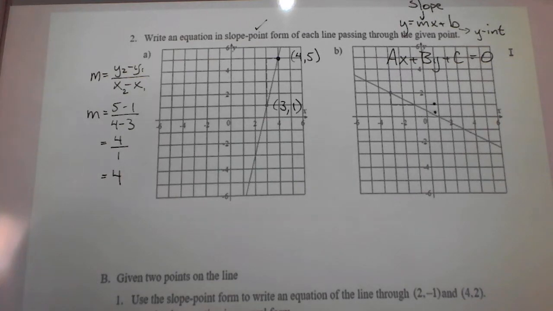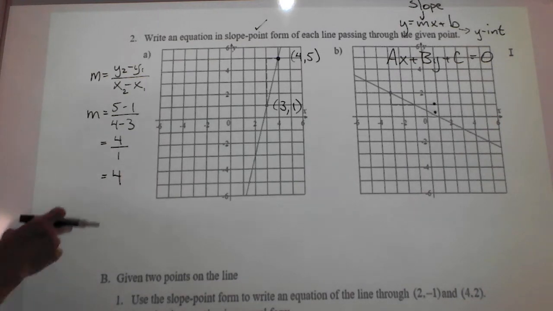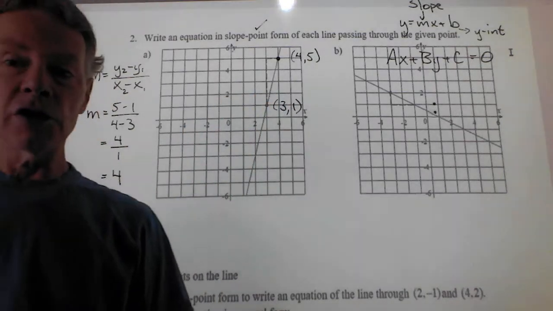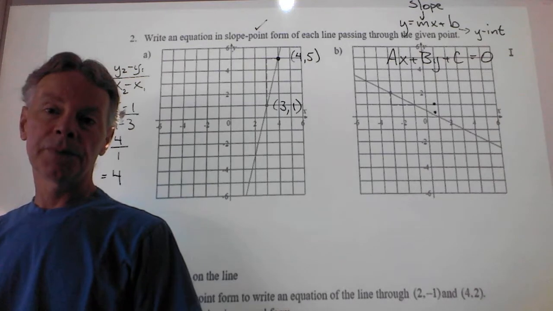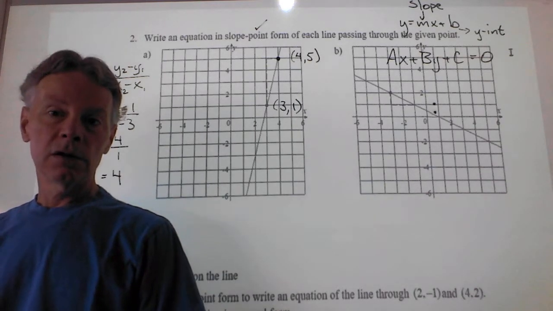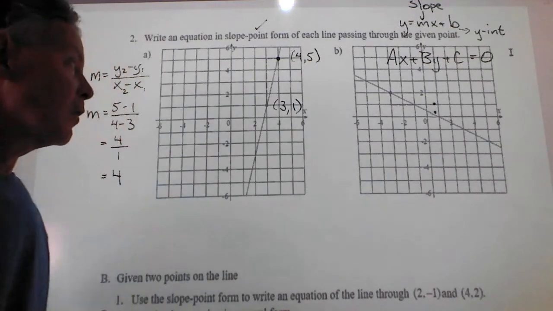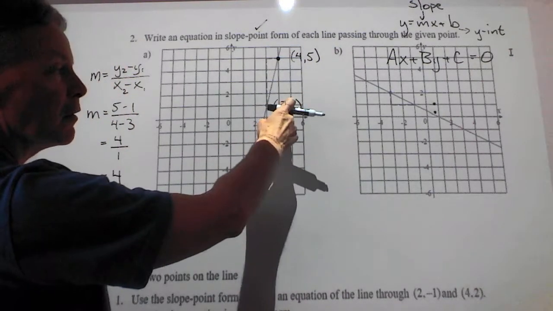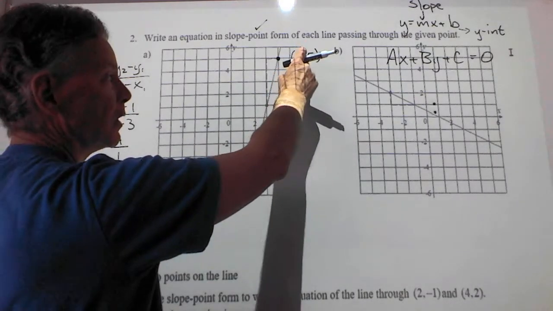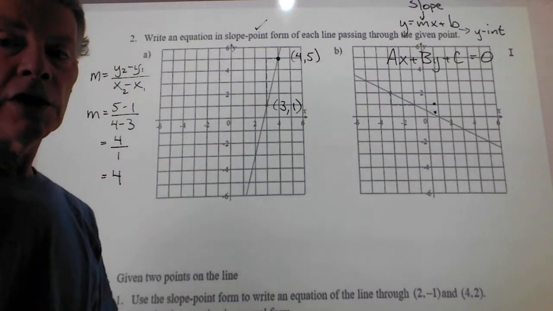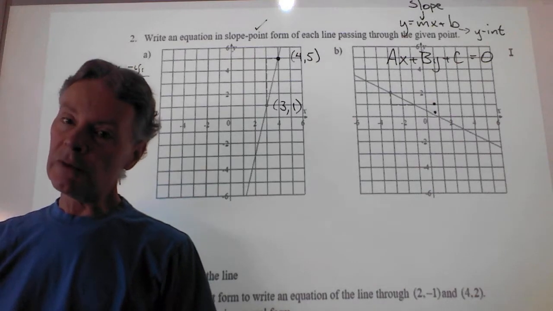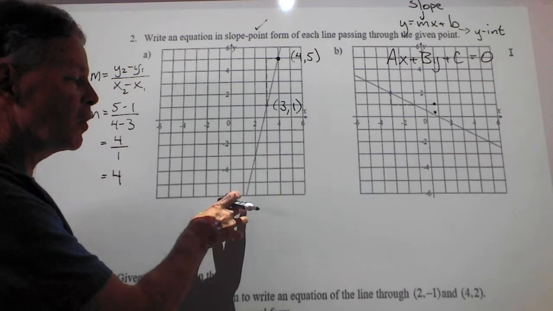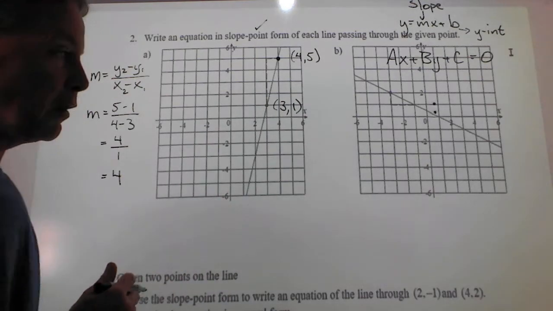Now that we have the slope and we have a point, we can write our equation in slope-point form. Slope-point form simply requires any one point on the line. So it doesn't matter if we use this one or this one, we'll get an equation. Now, this may cause you some fear, but there are different forms of the slope-point equation of a line.